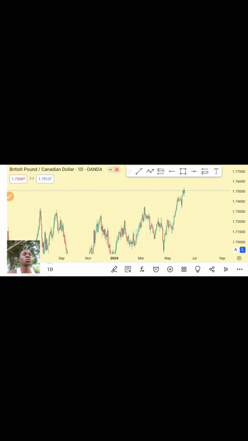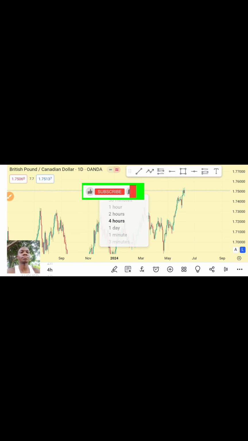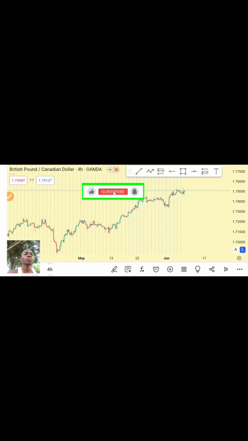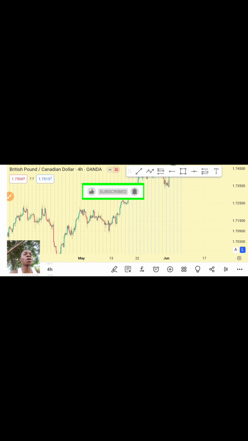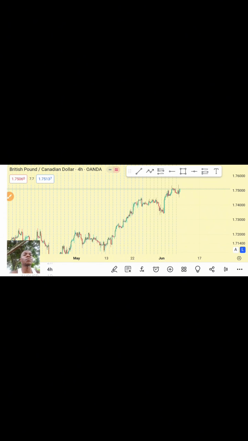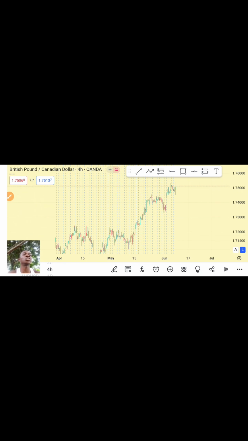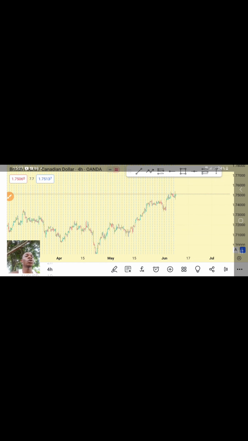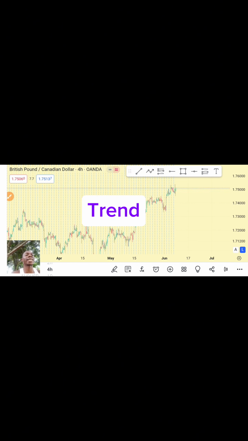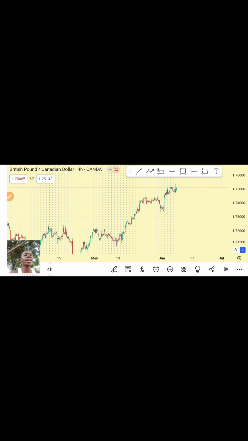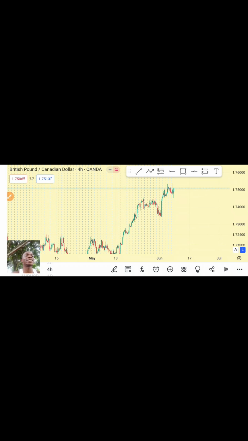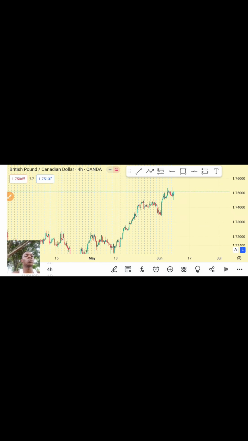So let's switch to the 4 hours time frame. So this is our 4 hours time frame. What are we looking for in the higher time frame? What we are looking for is to find the order flow, also called the trend. We look to find out where the trend of the market is in this higher time frame. As you can see, you can clearly identify a break of structure in this place.